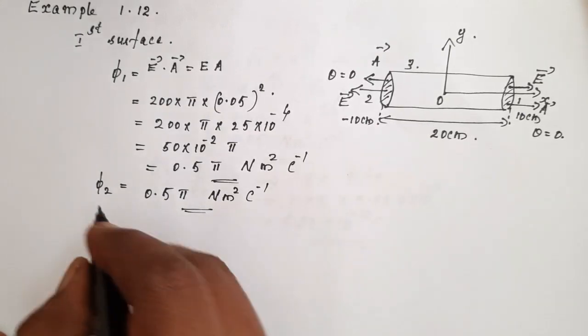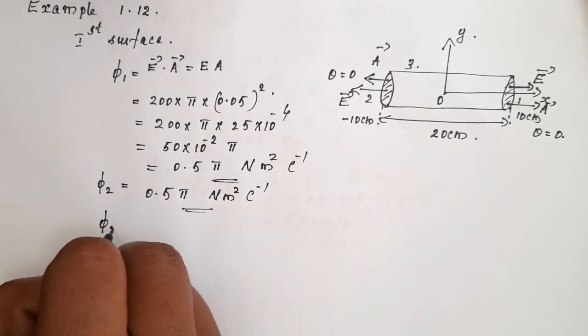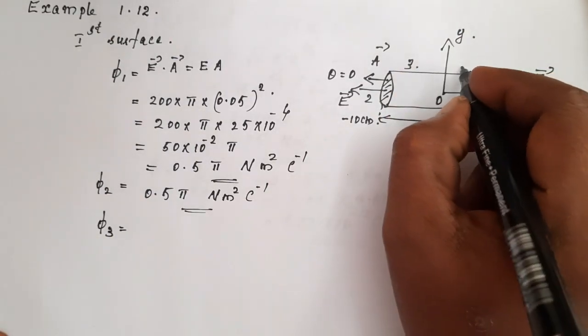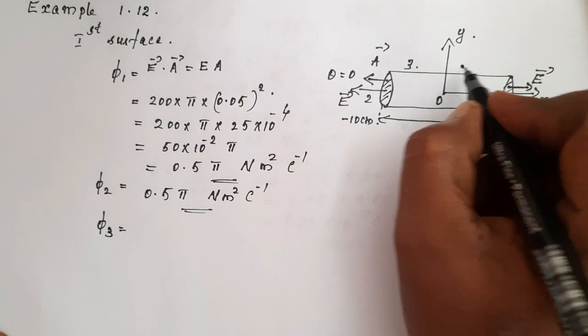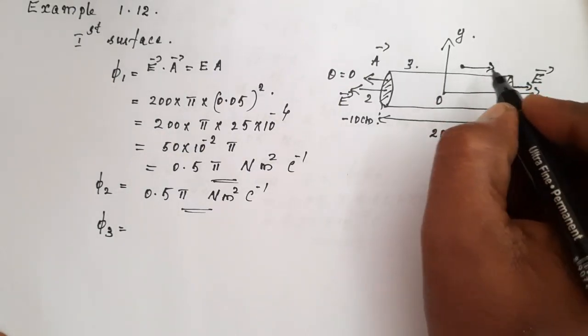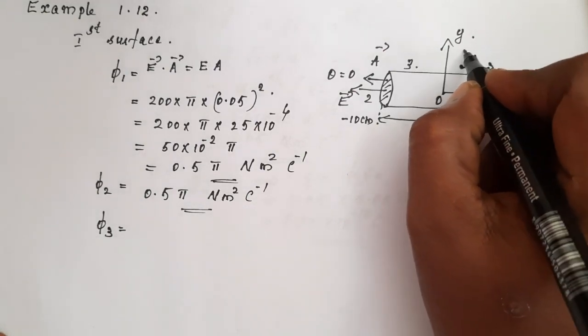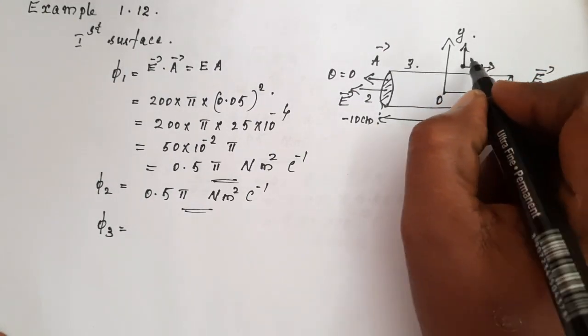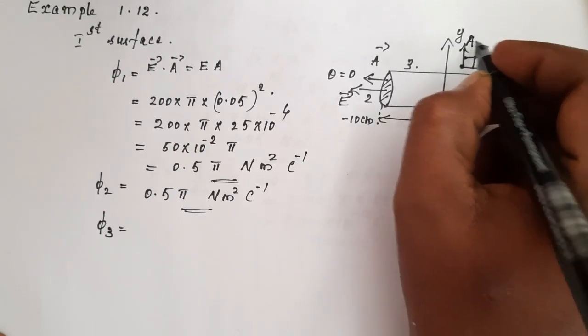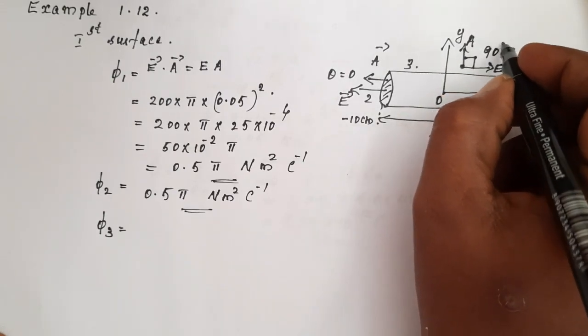Now let's find phi 3, the flux through the curved surface. For the curved surface, if we consider this side, the electric field is in this direction and the area vector comes like this. So the angle between the electric field and the area vector becomes 90 degrees.